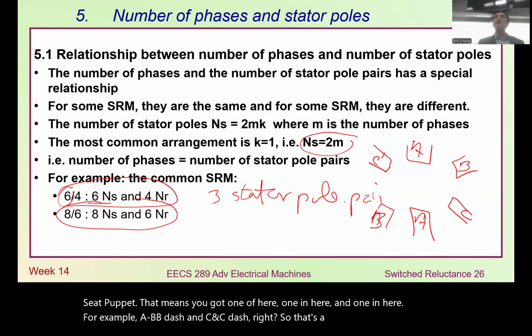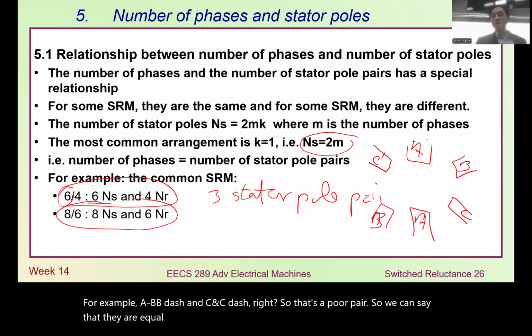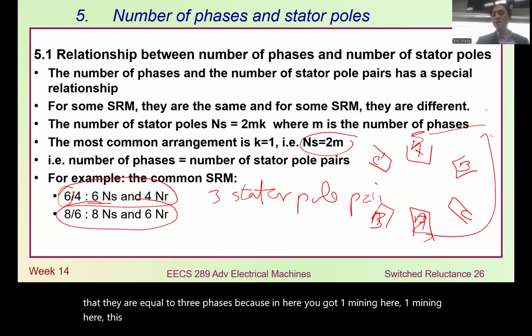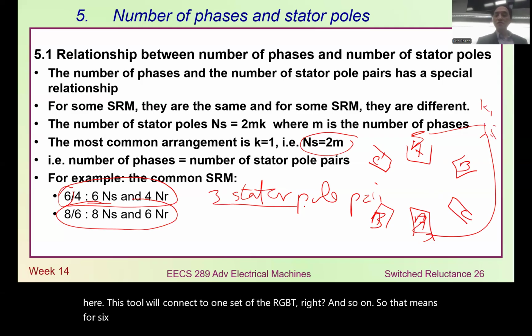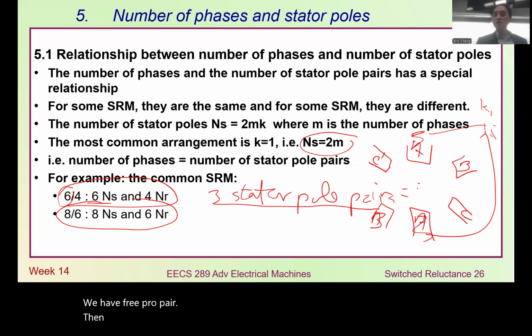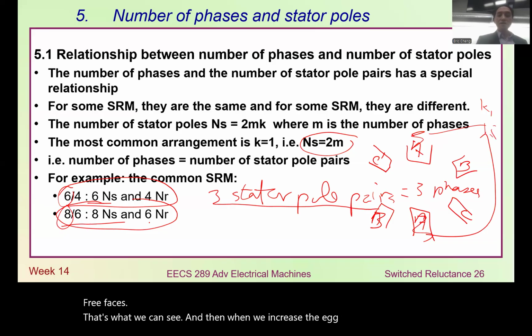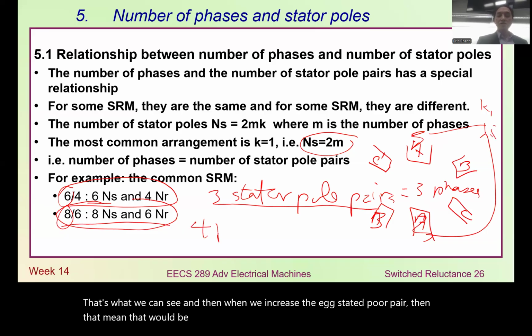So we can say that they are equal to three phases, because in here you have one winding here, one winding here. These two will connect to one set of the IGBT, and so on. So for 6-4, we have three pole pairs, which means three phases. That's what we can see. And then when we increase the stator pole pairs, that will become four phases. Like that.